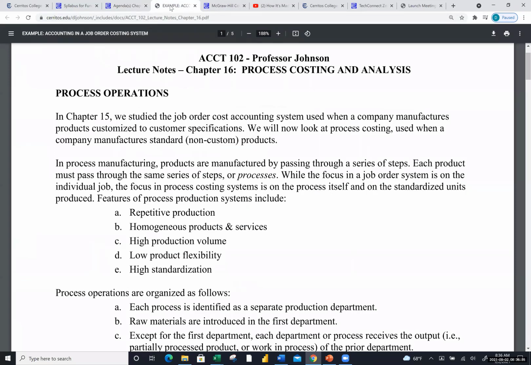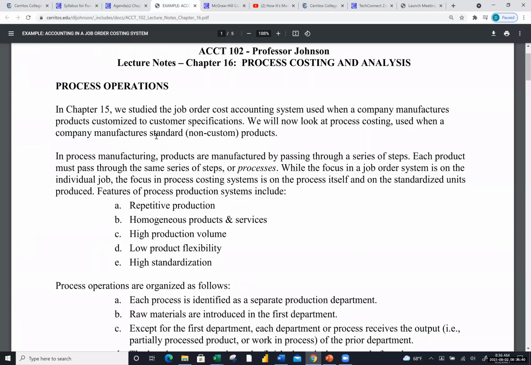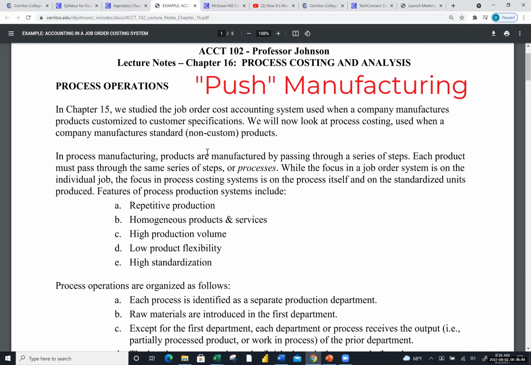Okay, the handout. First thing I tried to do is just to give you an overview of what exactly process costing is. It's a continuous manufacturing series of steps that go on all day long. It is usually referred to as push manufacturing. What does that mean?